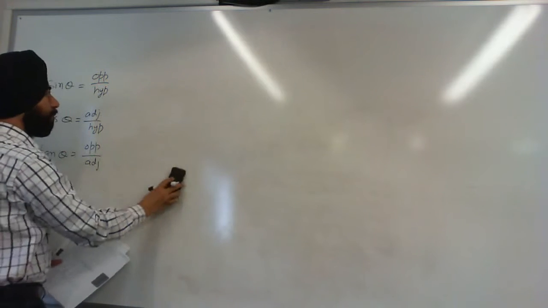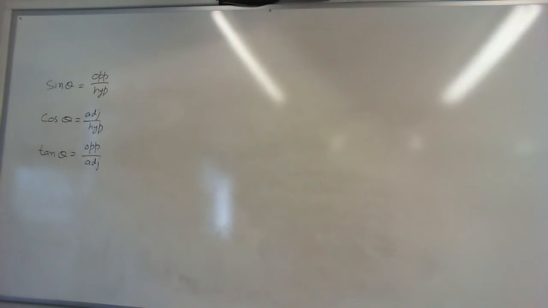Well, there is a way to remember this. I showed you that method yesterday. This is how you remember these formulas. SOH CAH TOA. And then you put an equal sign and a dividing sign here.